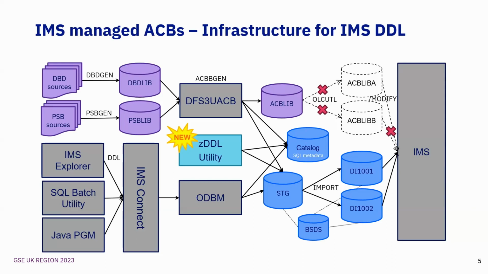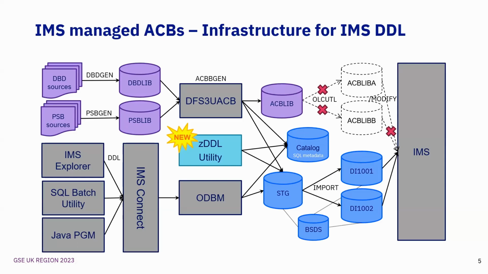And this information is metadata about your databases and your PSBs, and that's in the catalog data set, and that's used for DDL, and it's also used if you're going to write Java programs that access IMS databases. So that's sort of the infrastructure, the IMS managed ACBs.